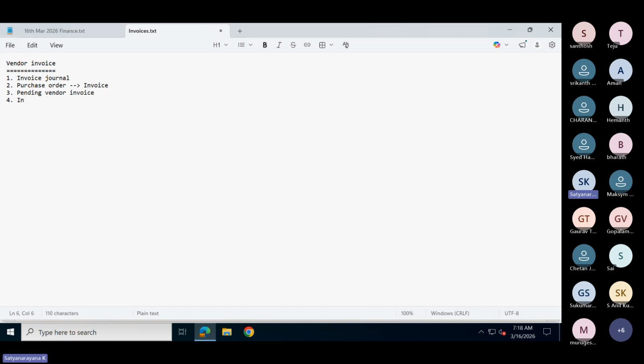Next, invoice register, invoice approval journal, invoice pool.